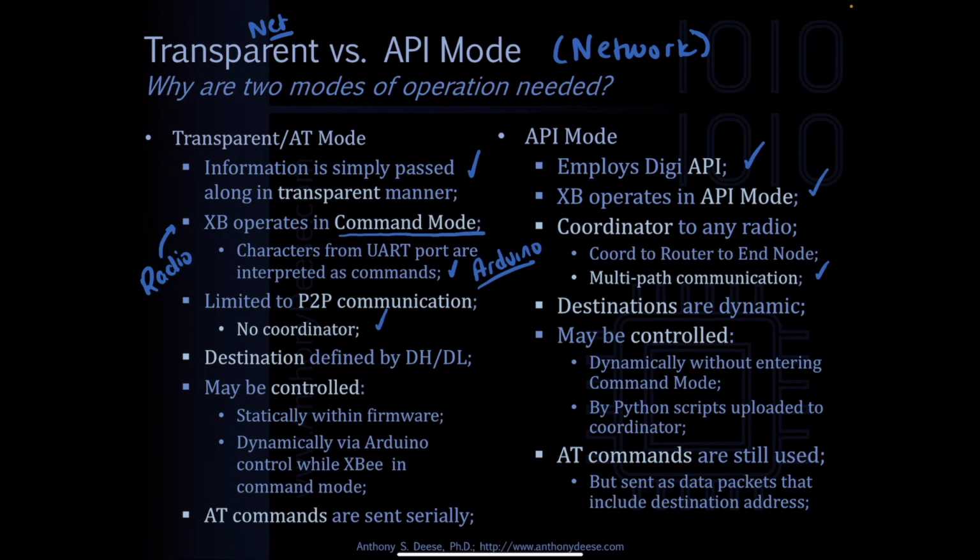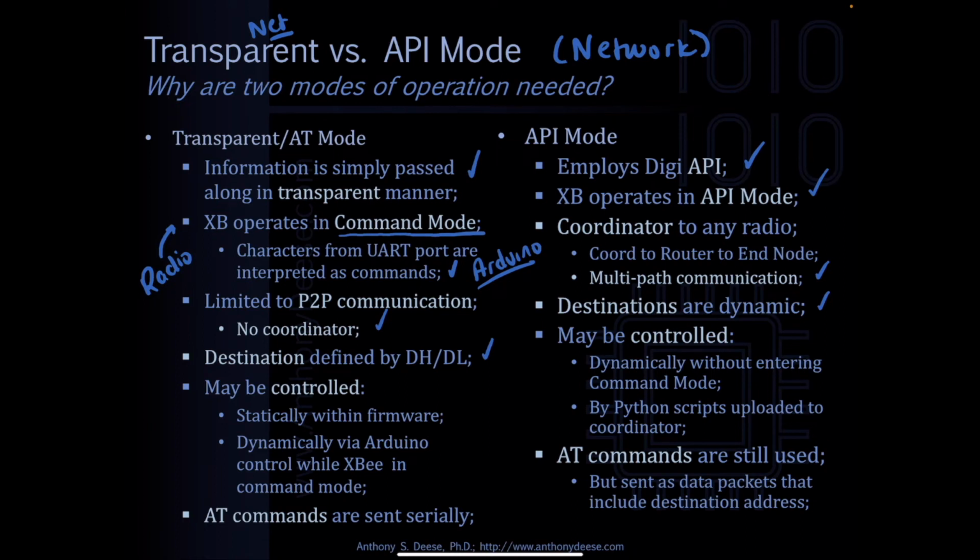The destination in AT mode is defined statically by the high and low address, DH and DL. Those are two parameters defined in the documentation. In the API mode, the destinations are dynamic and can be redefined on the fly using the Python commands.